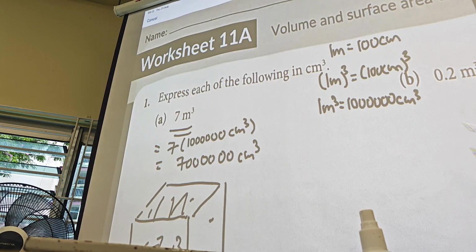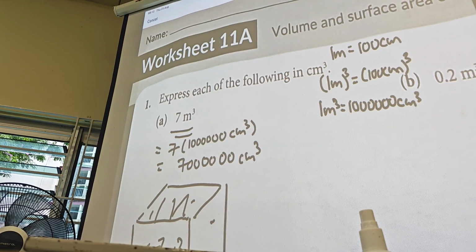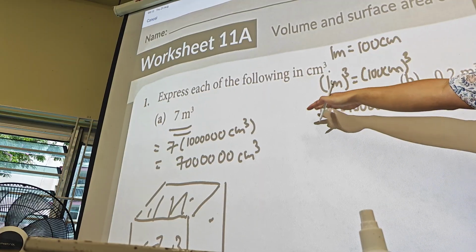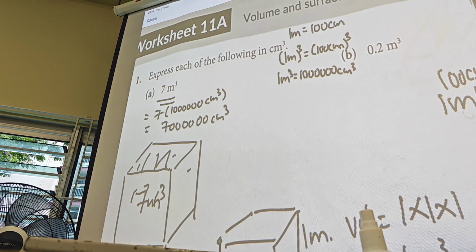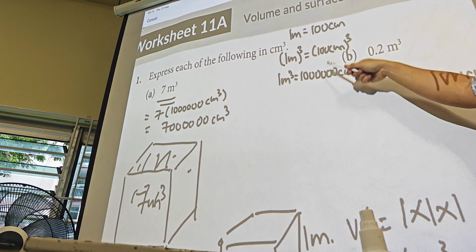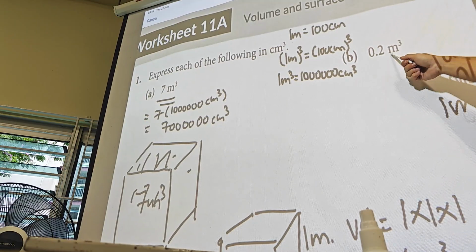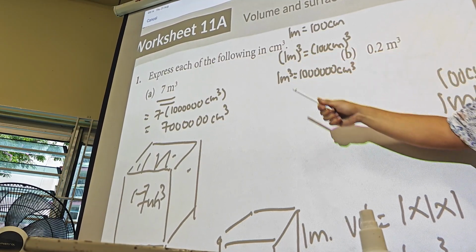Okay? So I only do this when I see I need to convert. Then I don't need to remember this, or else there will be a lot of things to remember. But I don't like to remember things. So remember one, then get the volume one from the original one. Then part B is using the same conversion, meter cube to cubic centimeter.